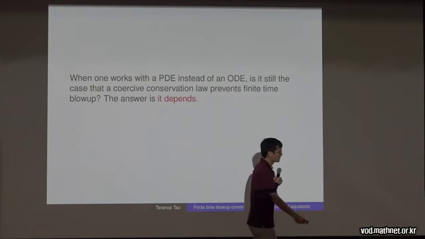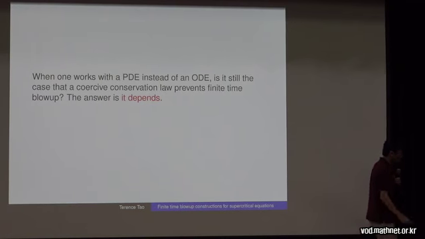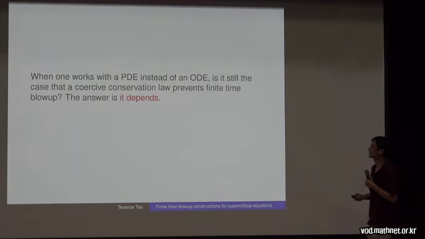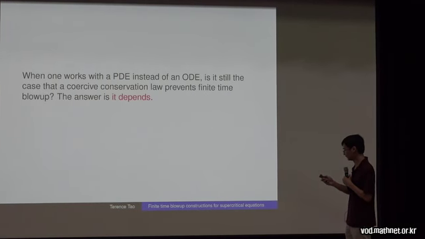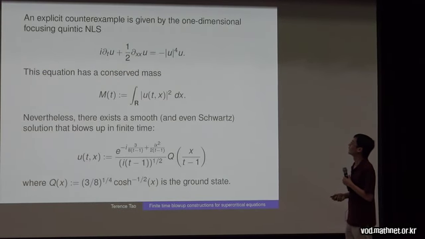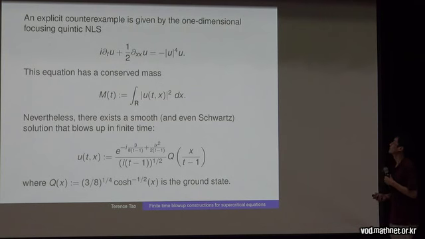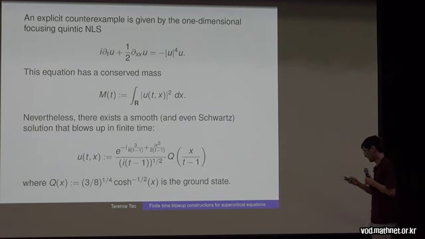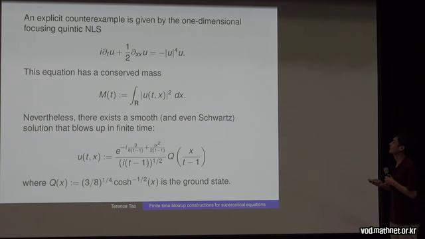And what's annoying is that the answer here seems to be really complicated. It really depends, and we don't understand completely when it happens, when it doesn't happen. Okay, so just to give you one example, so in PDEs, even having a conservation law doesn't necessarily stop bad things from happening.